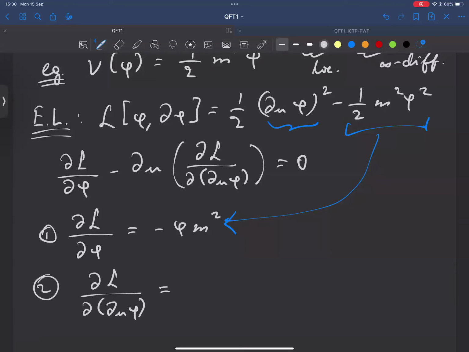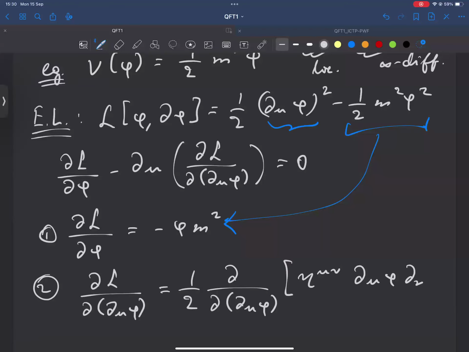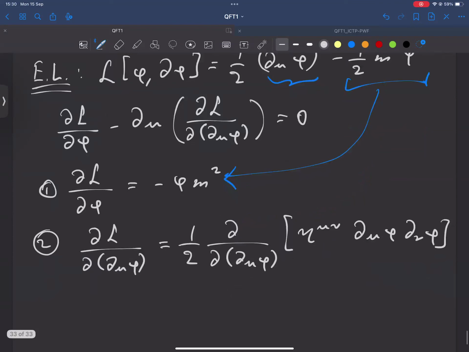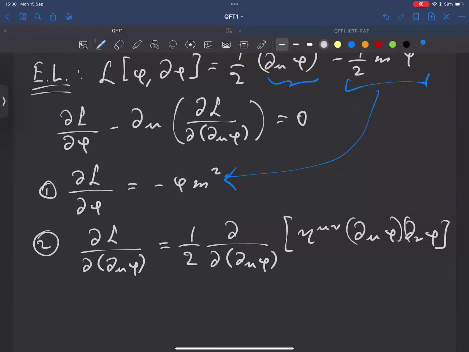To compute that, you can take the half out and expand the Lagrangian using the metric a bit. So you can write this as half eta mu nu del mu phi del nu phi.